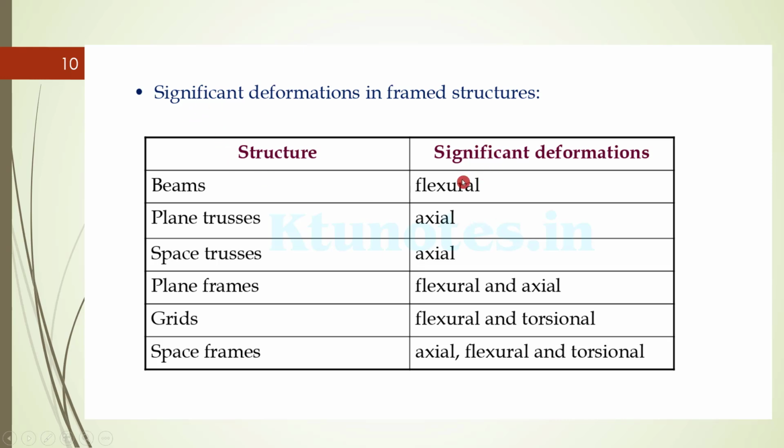So summarizing the different deformations happening in the structure, the beam always takes the flexural load, the plane truss and the space truss will take the axial load, the plane frame will take flexural and axial, and in the case of grids it will take the flexural and the torsional. The space frame will take the axial, flexural and torsional deformations.